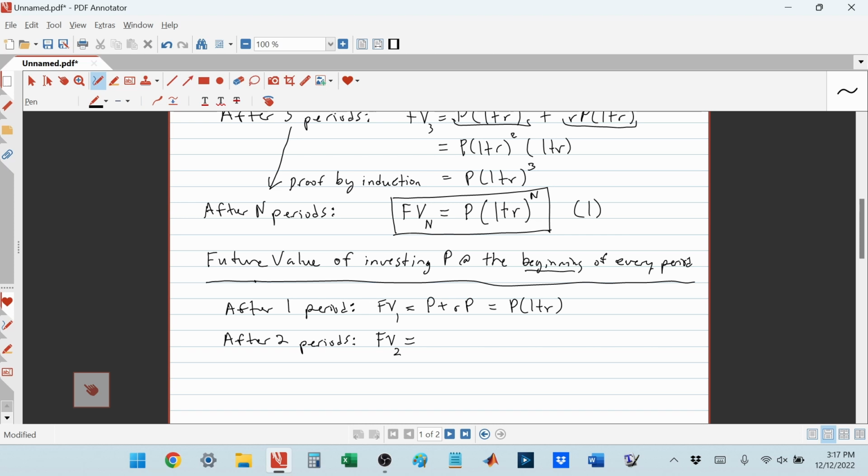At the beginning of period 2, we put an additional P in. At the end of period 2, that P that we put in at the beginning of period 2 would earn interest. So we would definitely have this in the account at the end of period 2. But we would also have this right here, because that's what was in there at the end of period 1. So we're definitely going to have that in there at the end of period 2, plus the interest earned on that over period 2.